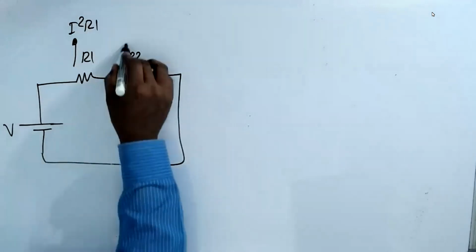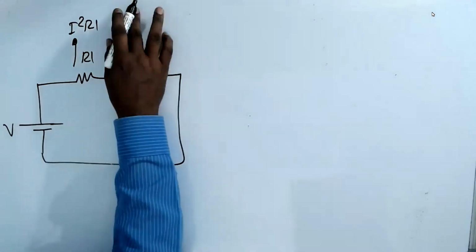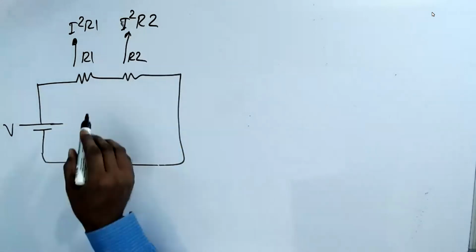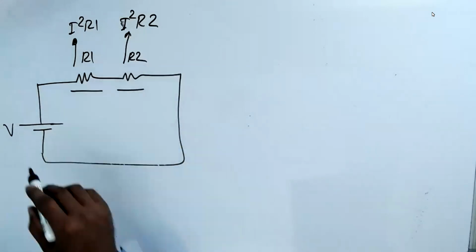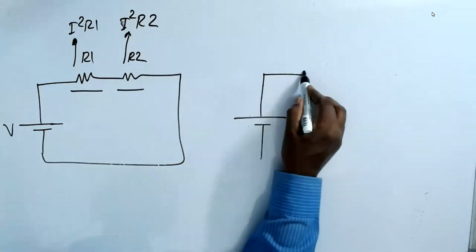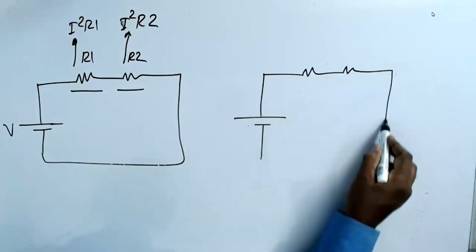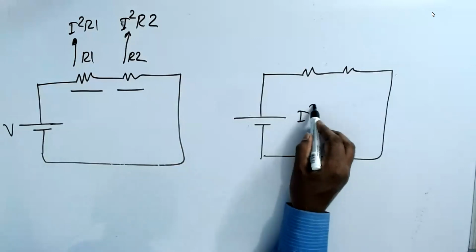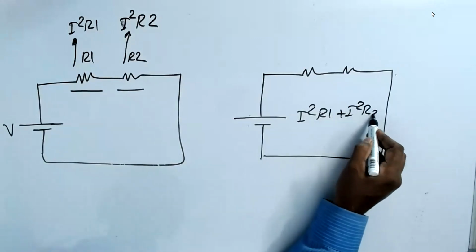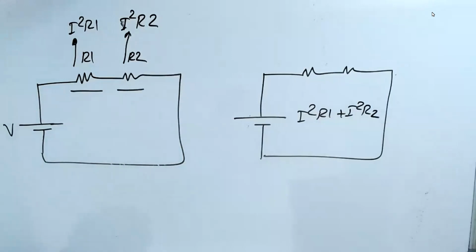The power produced by this is I square R2. So the total power produced by the circuit is I square R1 plus I square R2. Am I right?